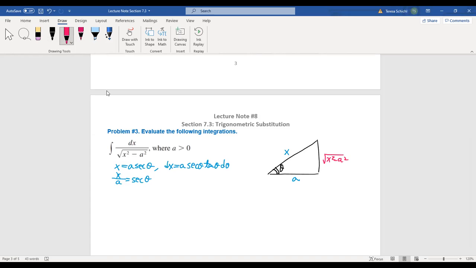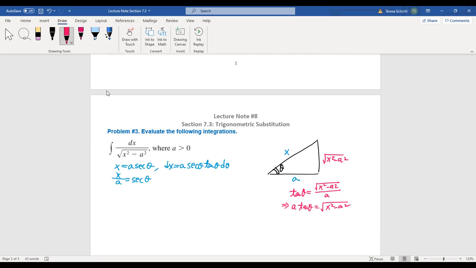Because we know the secant, and the tangent is always the partner, I know the tangent theta here. What is the tangent theta? It's the opposite over adjacent. So now I know the tangent theta is equal to the square root of x squared minus a squared over a. So that's what I have here, right?